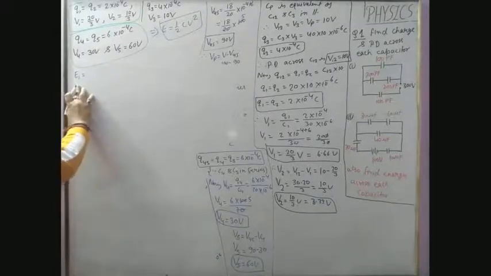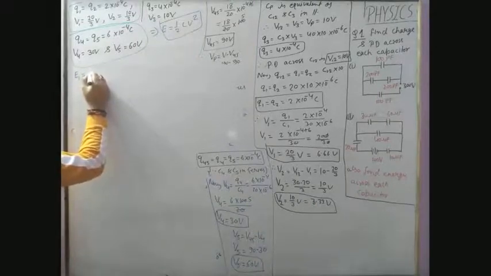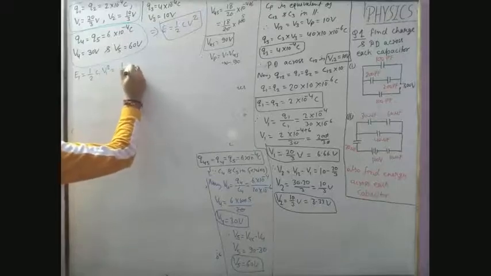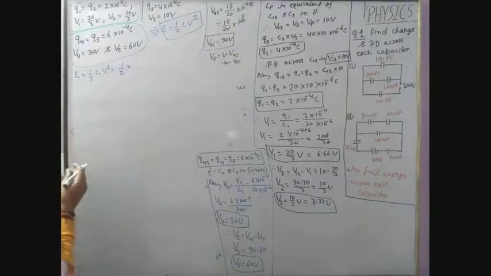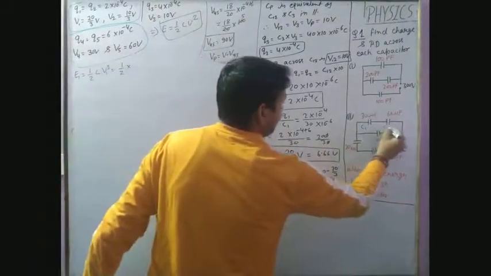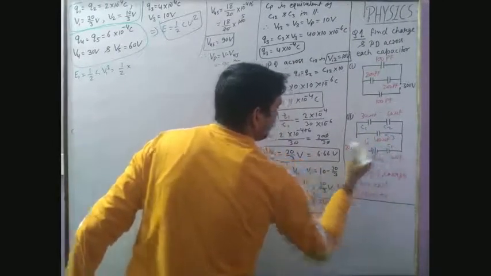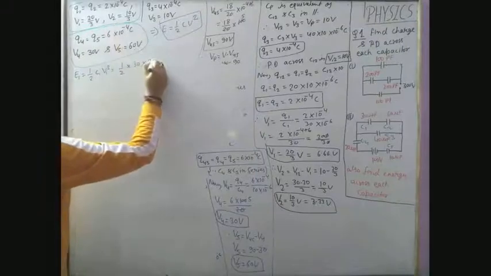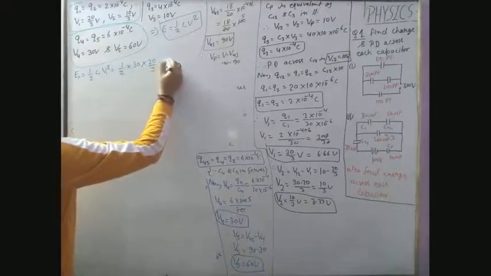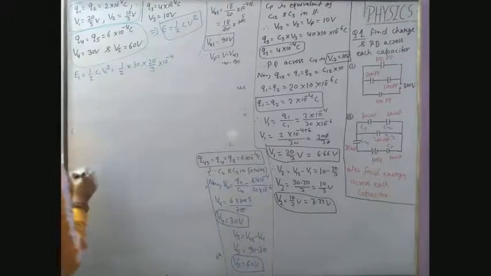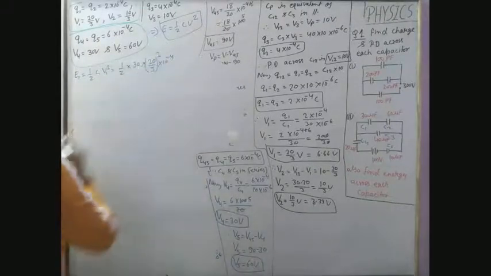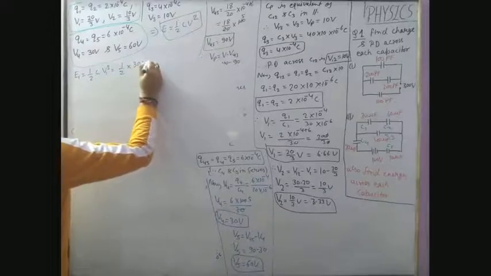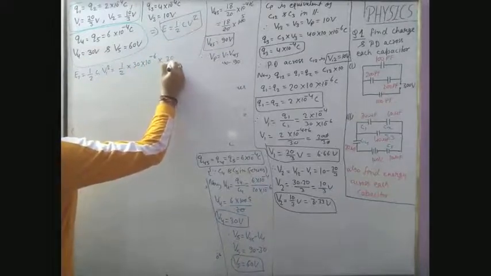E1, which means capacitor 1, is half C1 V1 square, which is equal to half into C1, which is 30 into 10 to the power minus 6, into 20 by 3 whole square.